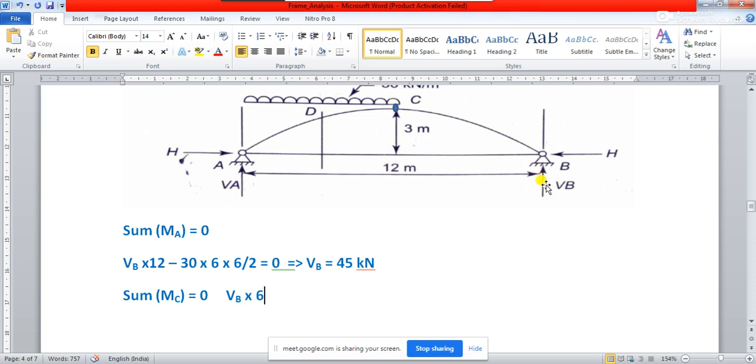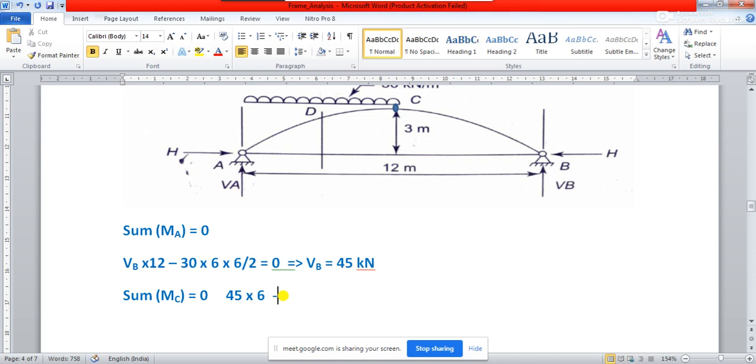So basically you see this VB will try to rotate this point C in the anti-clockwise direction only, right? So if I consider this as lever arm, VB will try to rotate it in this way. So basically this is anti-clockwise. So if we consider anti-clockwise as positive, VB into 6 will remain positive. So let me replace this VB now by 45. So you should be now clear that why it is 45.